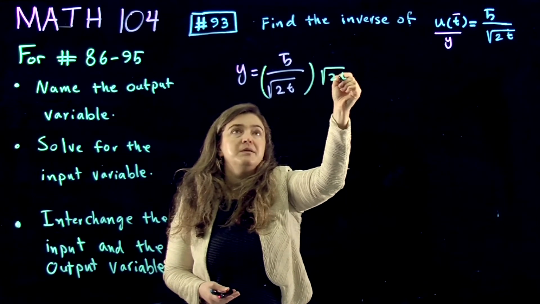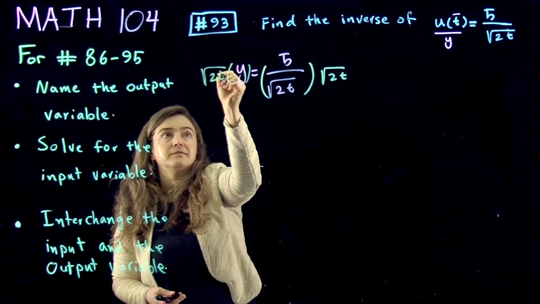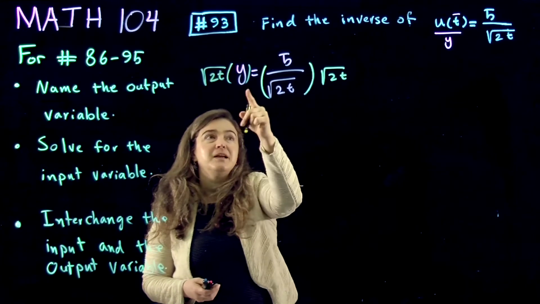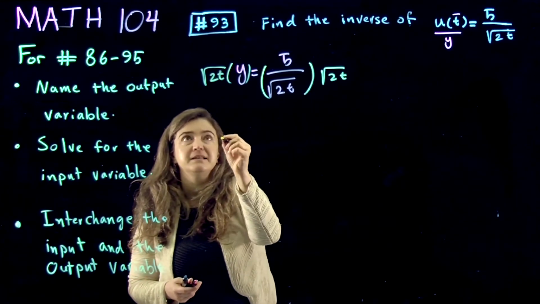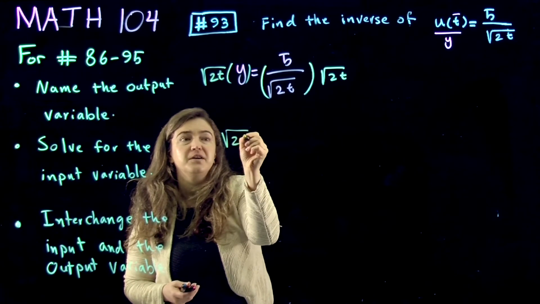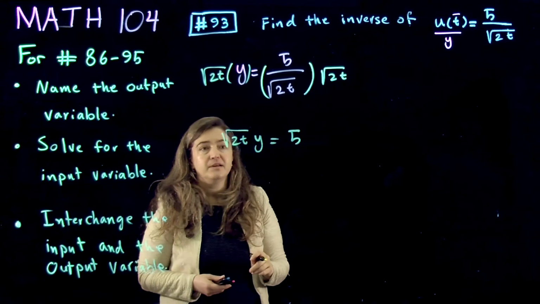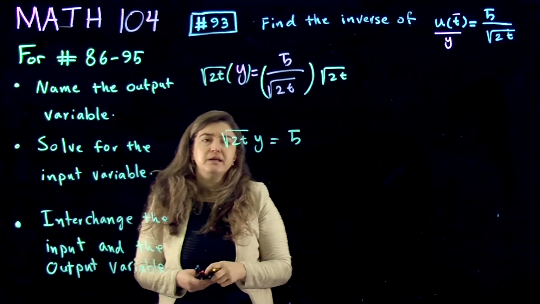So I'll multiply both sides by the denominator. Multiplying both sides by the denominator, this 2 simplifies, and I get square root of 2t times y equal to 5.